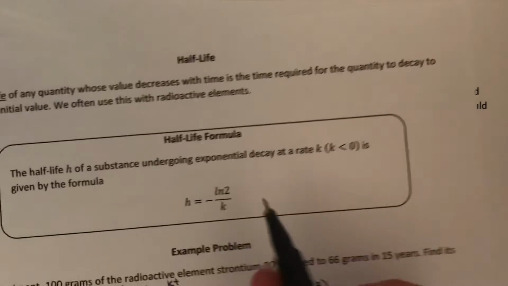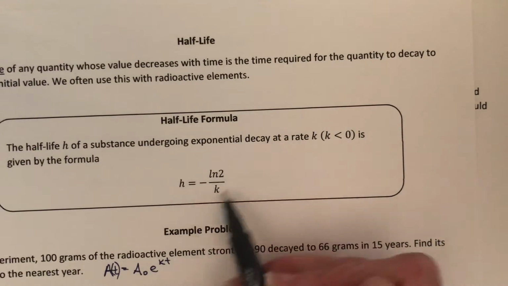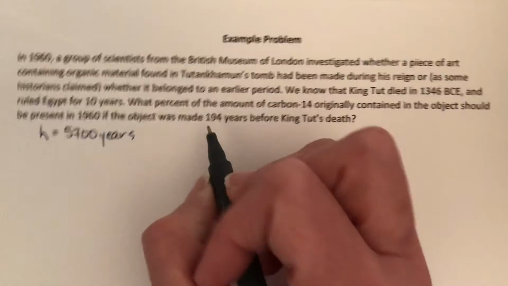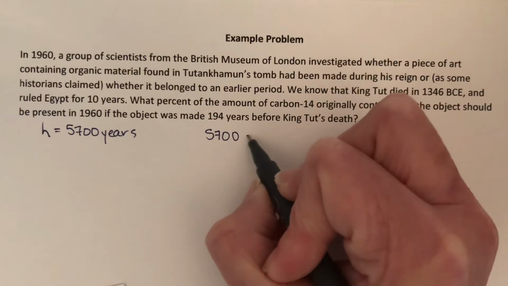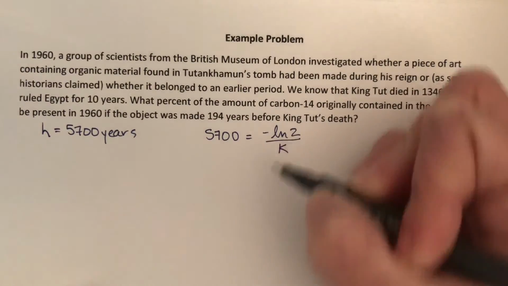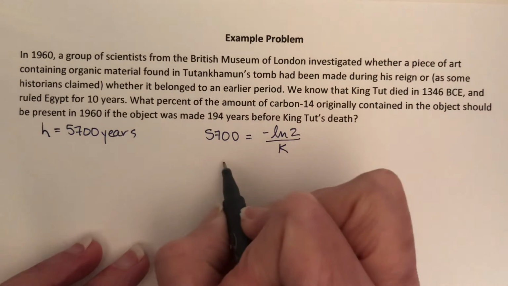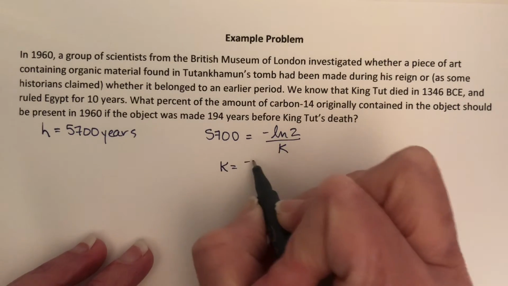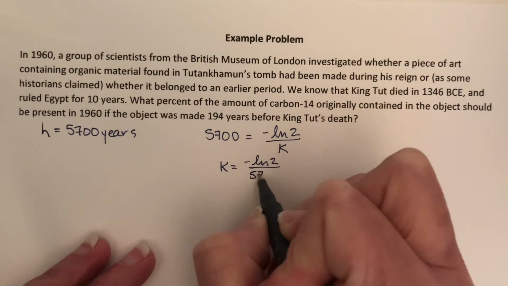The half-life formula is H is equal to negative natural log of 2 over K. I can just plug this in, so it'd be 5,700 is equal to negative natural log of 2 over K. Just solve this for K, and you get that K is equal to negative natural log of 2 over 5,700.